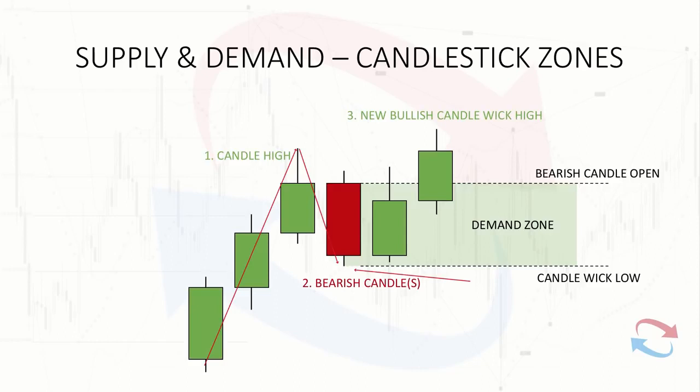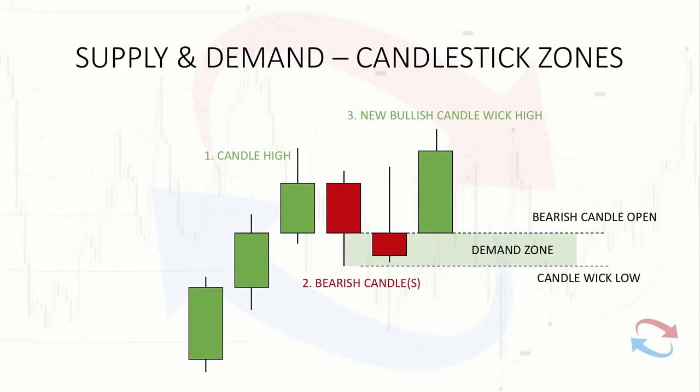So any candlestick's wick low. And then as long as price makes a new close high or a candle wick high and it's a bullish candle, we draw our demand zone from the bearish candle's open price to the wick low in the sequence.